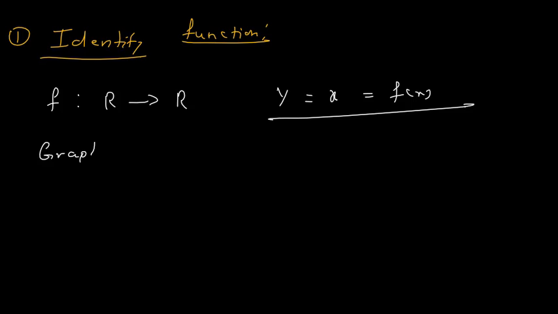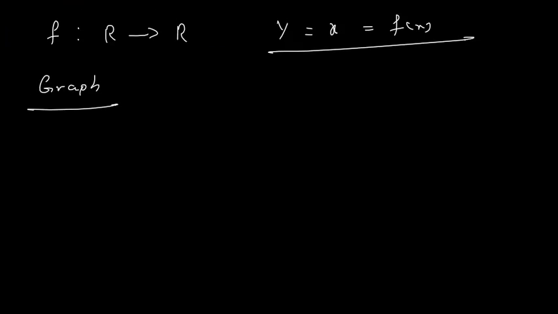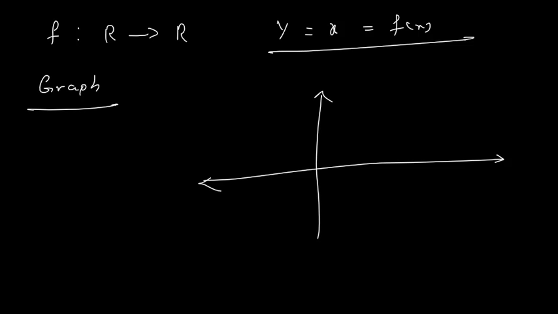Now we can use graph paper to plot the relation between the value of the function and the value of the independent variable. In the identity function, we can easily figure out that when the value of x is 1, the value of f(x), that is the value of y, is also equal to 1. Along the x-axis we show the value of x, along the y-axis we show the value of the function.